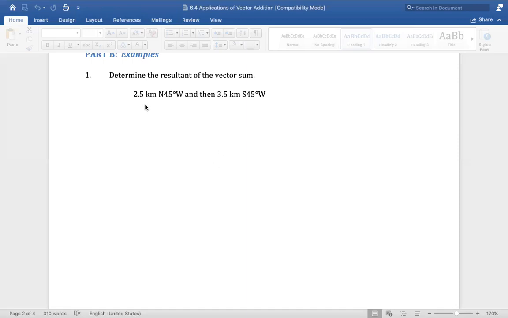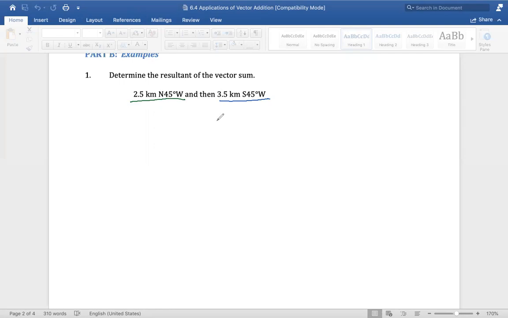We know that this is a vector, and we know that this is a vector, because they both have a magnitude and a direction that they are going in.